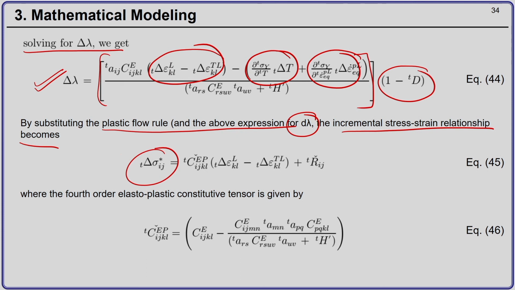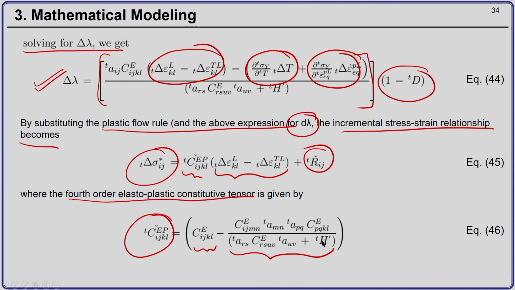The effective equivalent stress is given by C hat elastoplastic into the difference of the incremental logarithmic strain minus the incremental thermal strain plus a tensor R hat, where the fourth order elastoplastic constitutive tensor C hat becomes the fourth order elasticity tensor C minus the term which is here.